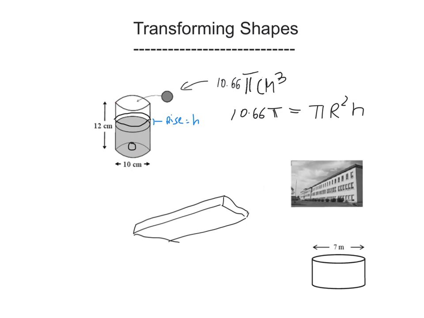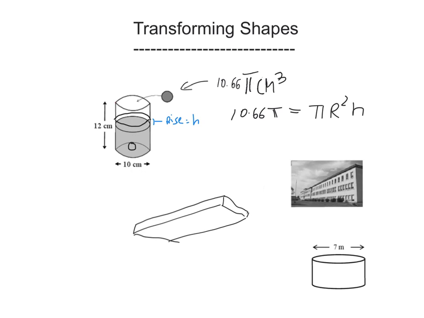And whenever you hear the words same as or equal to, you should be thinking straight away, I can make an equation out of these facts. So you can say that the volume of the ball must be equal to the volume of the cylinder shape here. The cylinder shape of the water, that would be pi r squared h. So we can make this equation. We can say that 10.66 pi must be equal to pi r squared h.